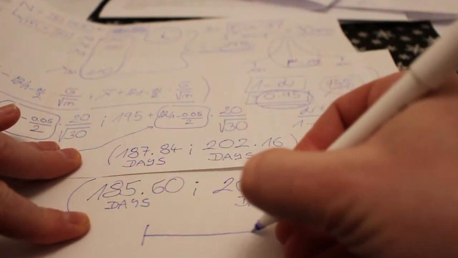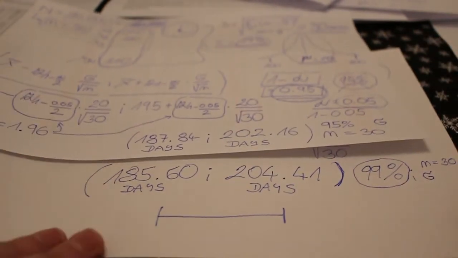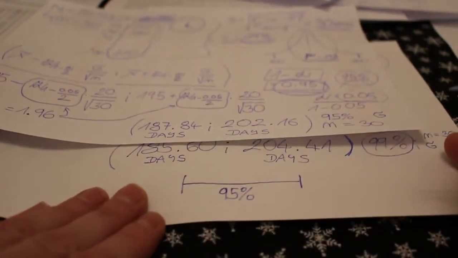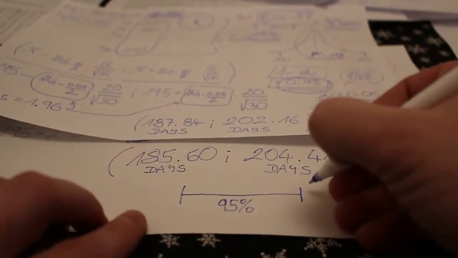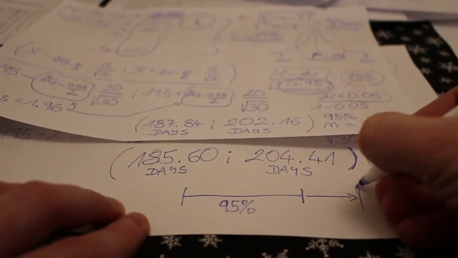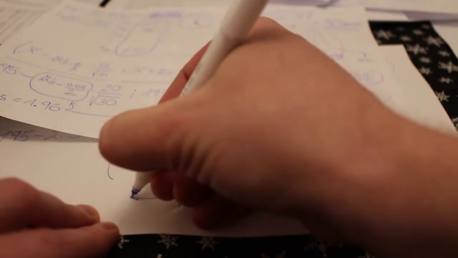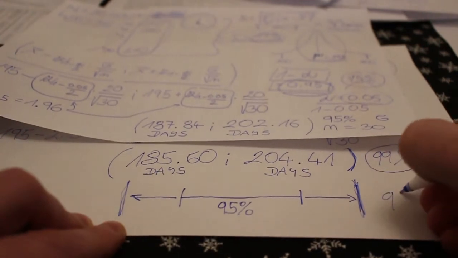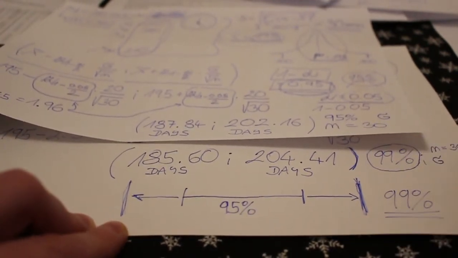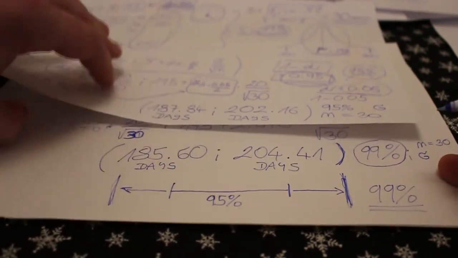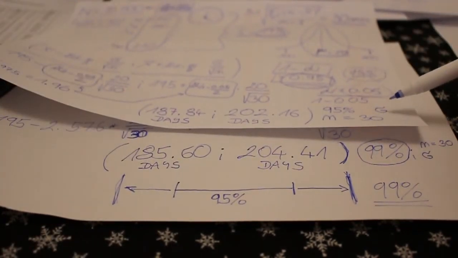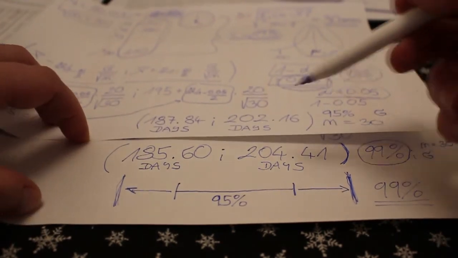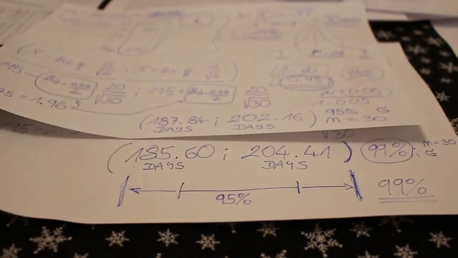So this was the situation of the 95% confidence interval, and if you want 99%, this is the development of the 99% confidence interval, using the same conditions, the same n sample size and the same known standard deviation sigma. Confidence interval is wider than before.